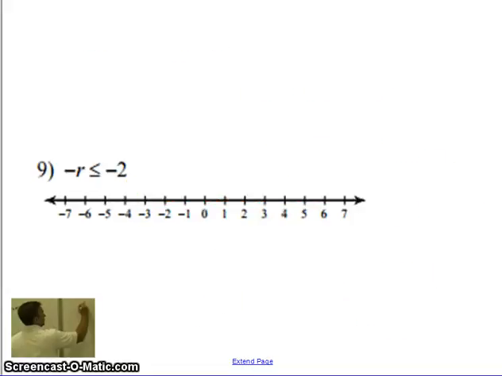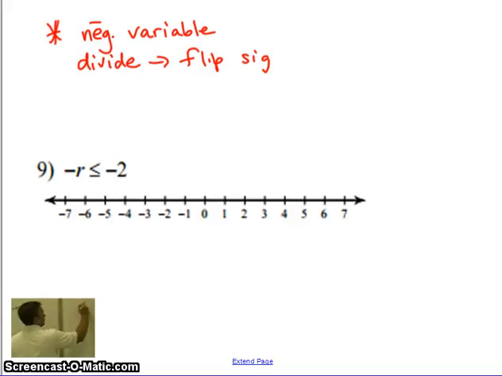So the key is, if you have a negative variable, divide and then flip the sign. If the variable is positive, you don't have to worry about flipping the sign.